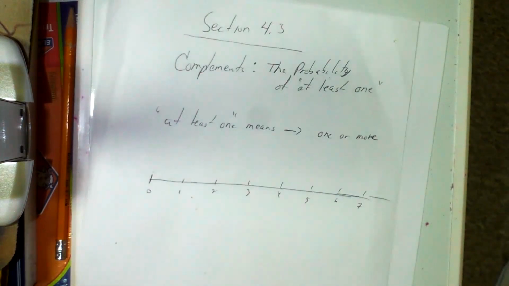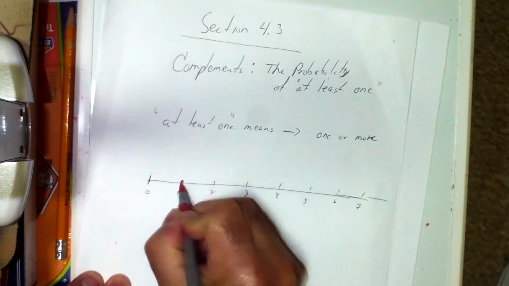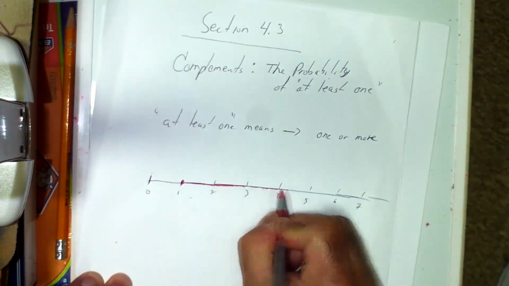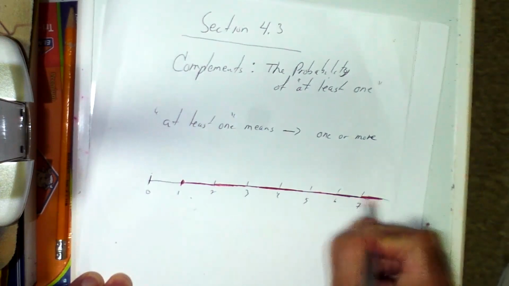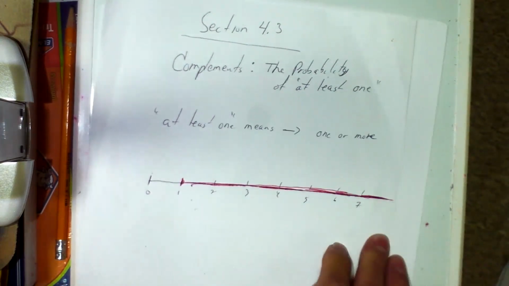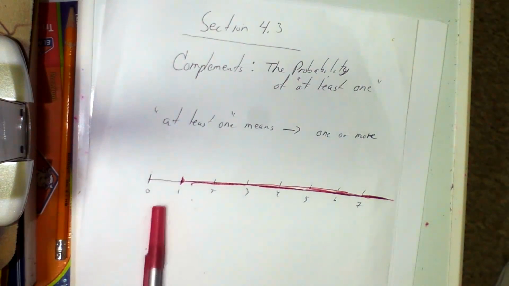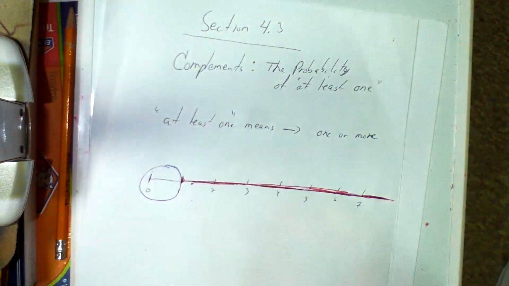So on the number line, at least one means from 1 and above. That's what at least one means. It just goes on forever. So from 1 on. Notice that when I highlight that, there's a piece that I did not highlight. This part there is the complement. That region there, that is the complement.